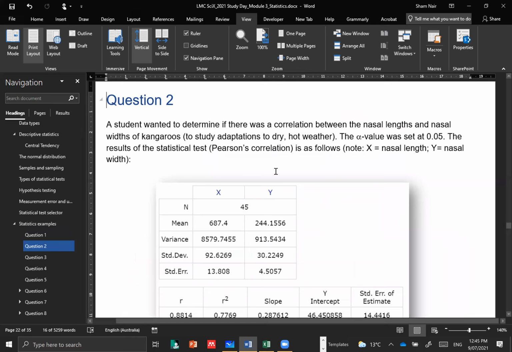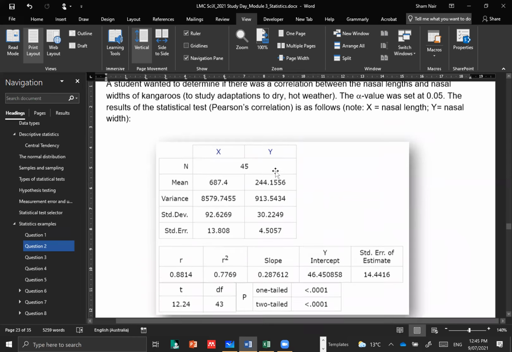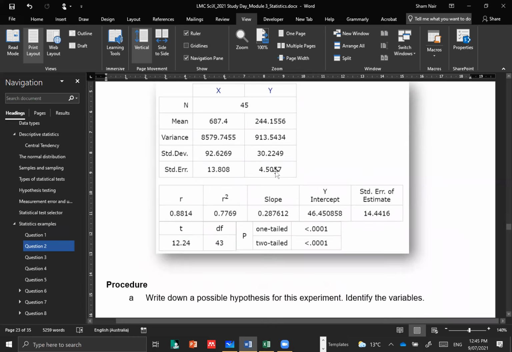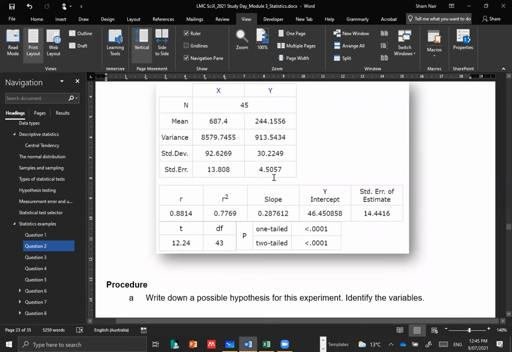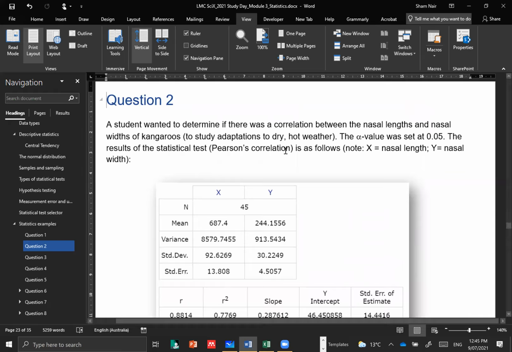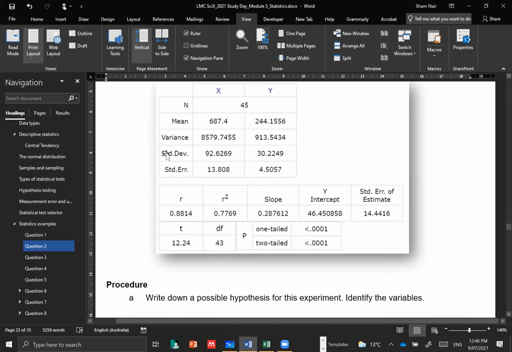Question 2 is also actually very similar, but it's looking at a different test. It's a Pearson correlation test. Once again, you're given the information and you're given the output, okay?